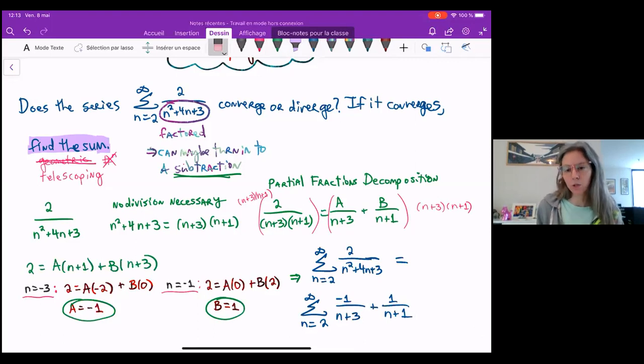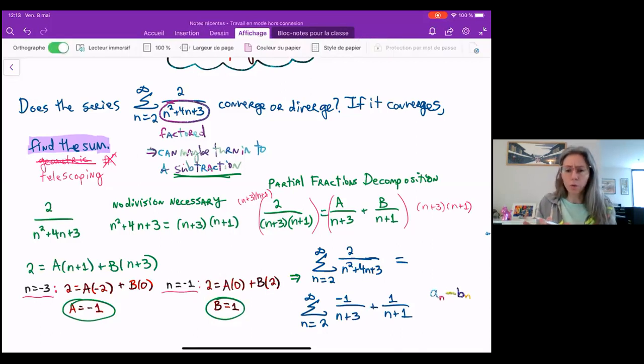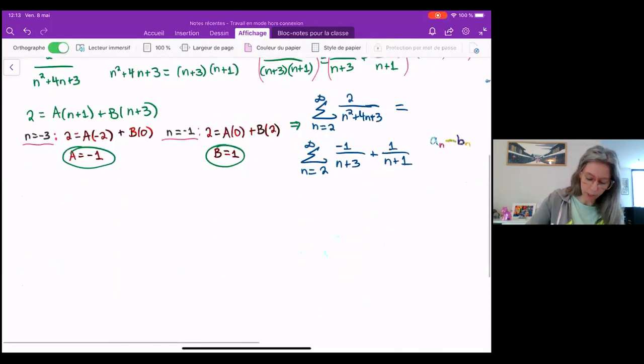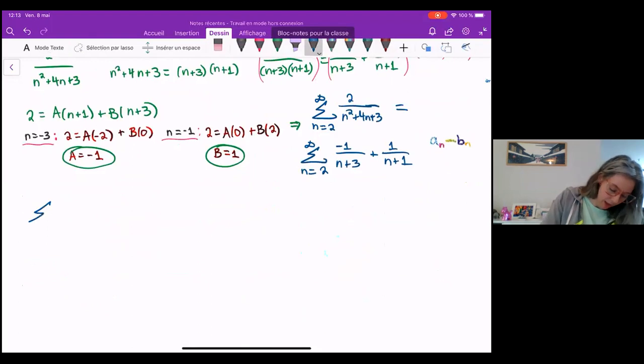Having the negative first sometimes makes the problem a little bit more challenging. It's useful to think of telescoping series as a sub n minus b sub n, where we're subtracting the second thing. Of course, it's totally doable if we leave it that way, but I'm going to switch it. So in other words, I'm going to look at the series n equals 2 to infinity, 1 over n plus 1 minus 1 over n plus 3.